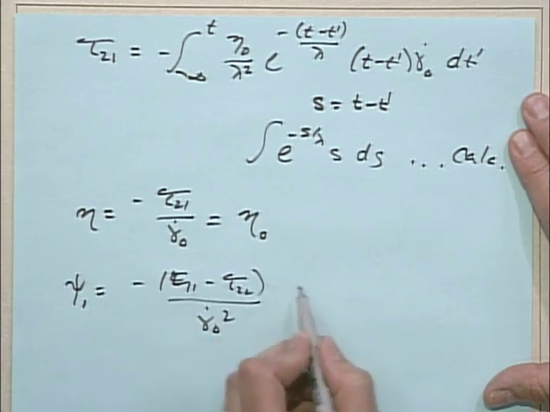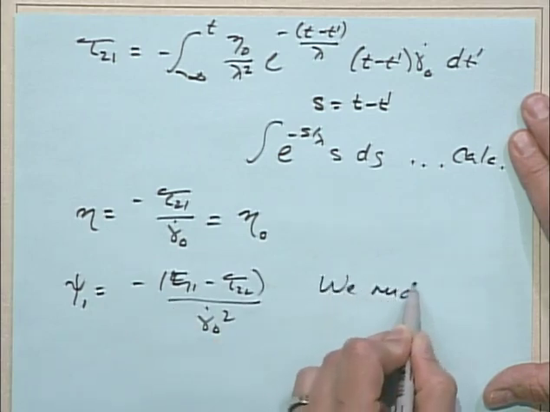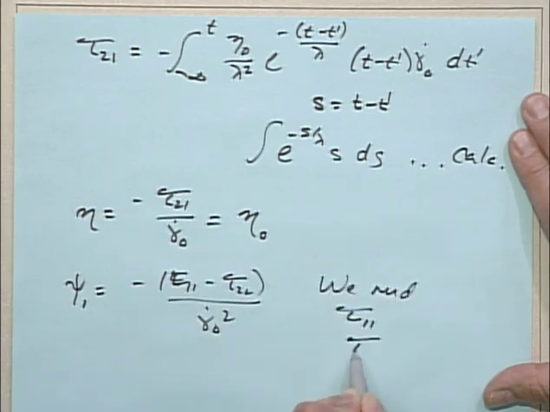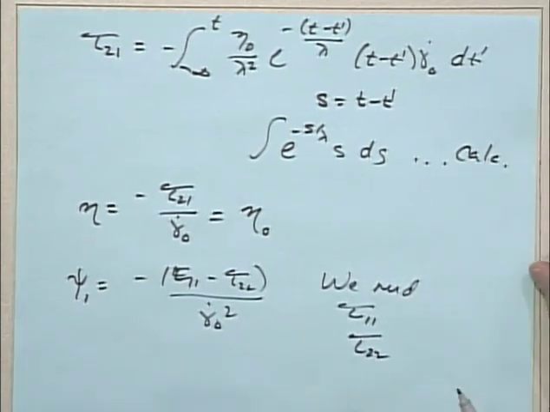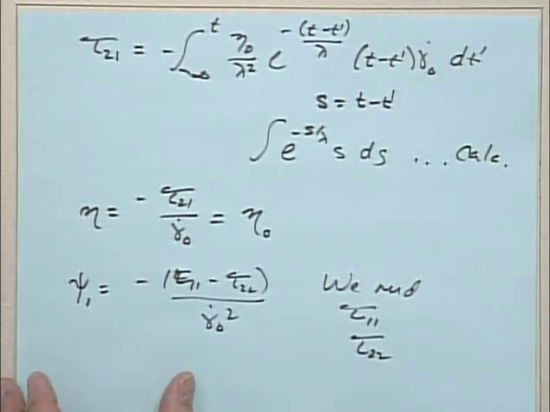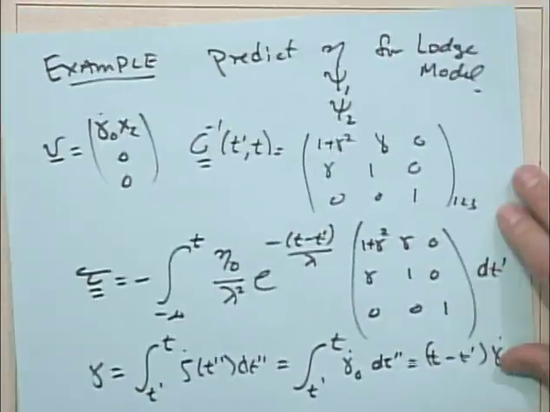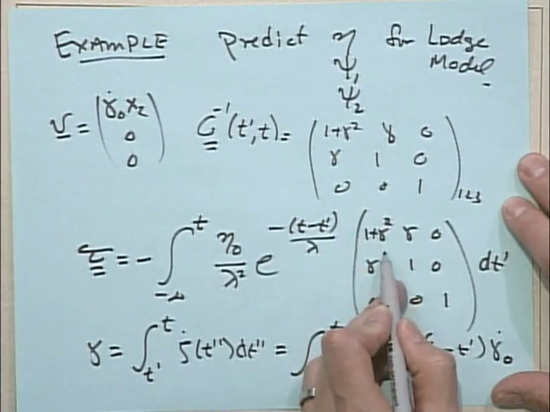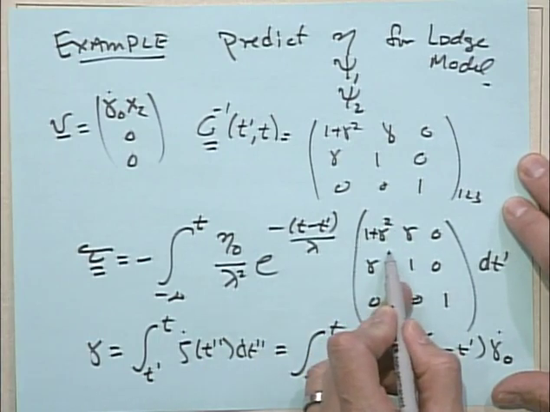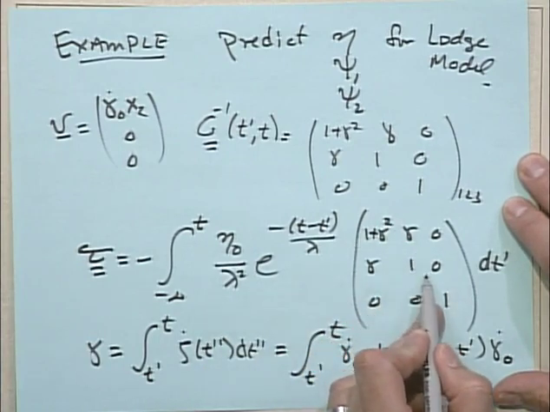And so we need tau 11 and tau 22. We can't just say they're 0 anymore. So here they are. Tau 11 is going to be this integral with this guy in there. And tau 22 is going to be an integral with 1 in there.